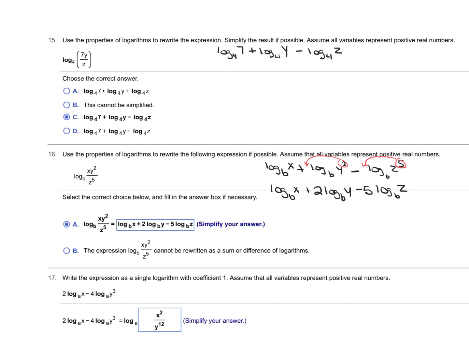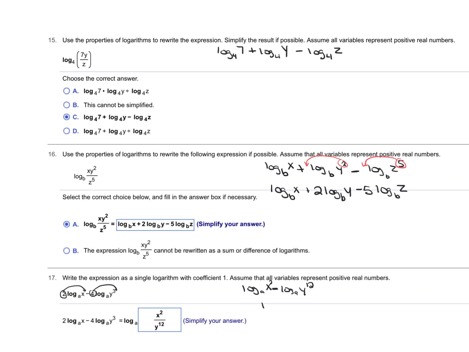Number 17, I'm going the other way. So this 2 goes here and the 4 goes there. So now I've got log base a of x squared minus log base a of y to the third to the fourth, which is just to the 12th power.